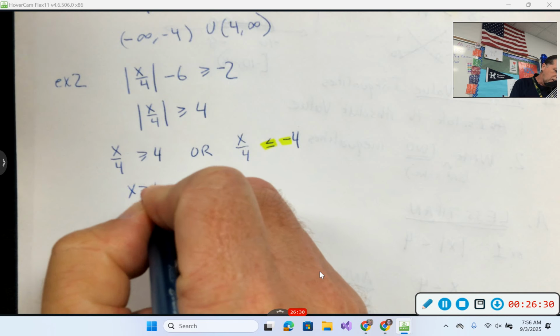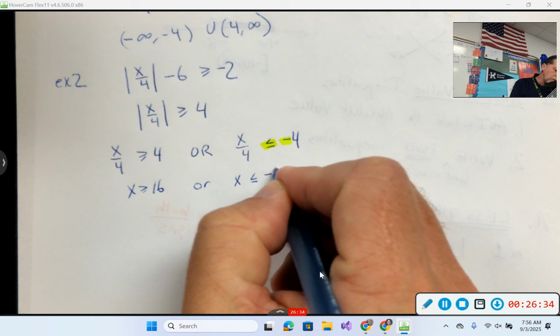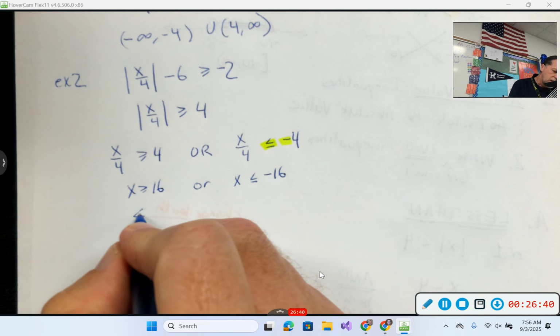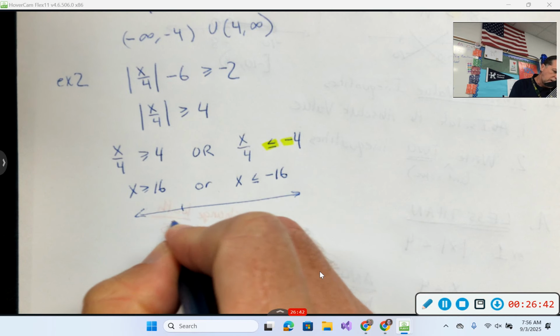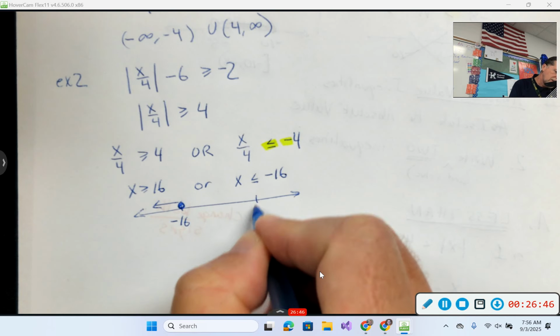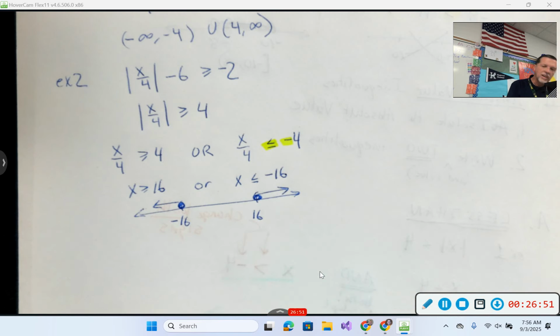So x is greater than or equal to 16, or x is less than or equal to negative 16. Let's see, negative 16, closed circle, less than; positive 16, closed circle, more than.